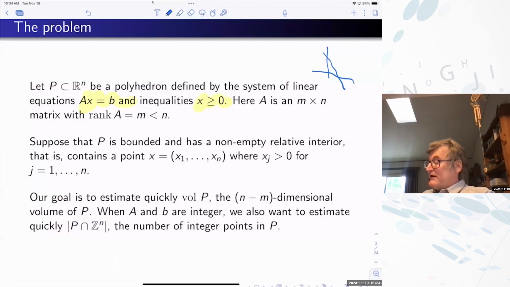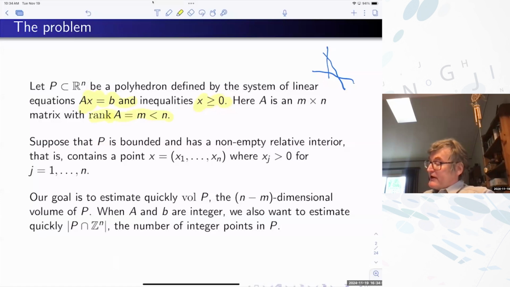But since I'm interested in computing, I'd like to think in coordinates, just numbers. The matrix is of full rank here, so it's an n minus m dimensional affine subspace.